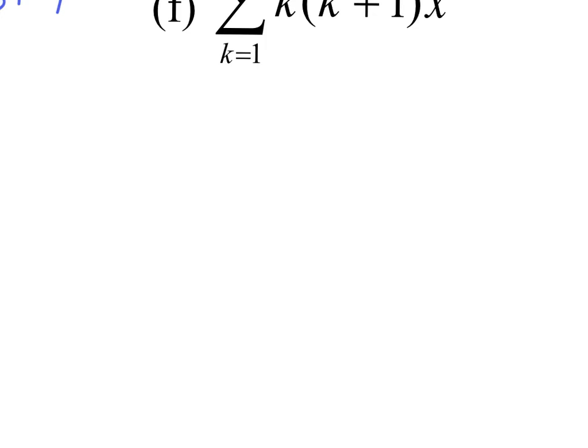When I plug in 3, I have 3 times 3 plus 1x, and that gives me 12x. So when I add them together, I have 2x plus 6x plus 12x, and they are all like terms, so I can just add them together and keep the x.